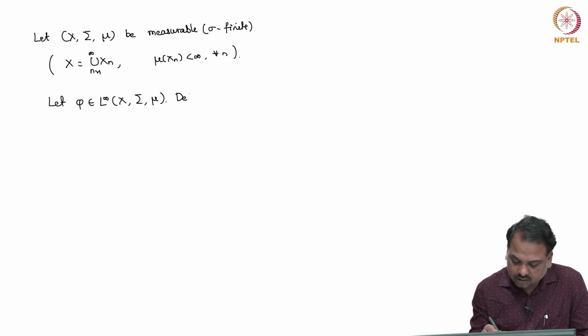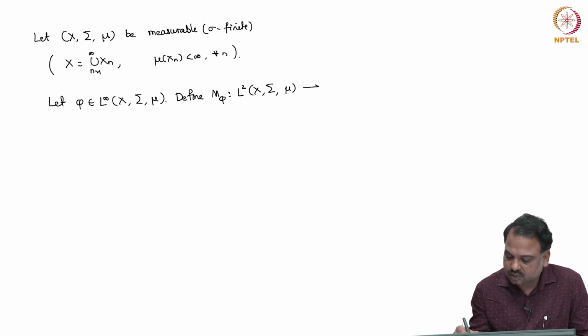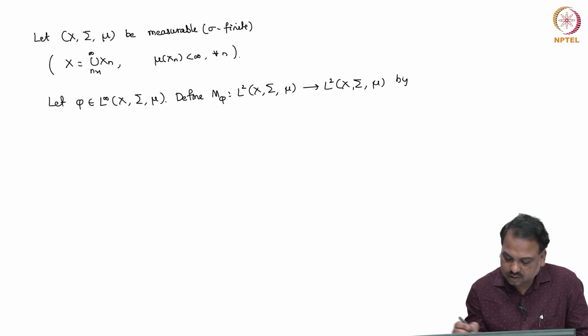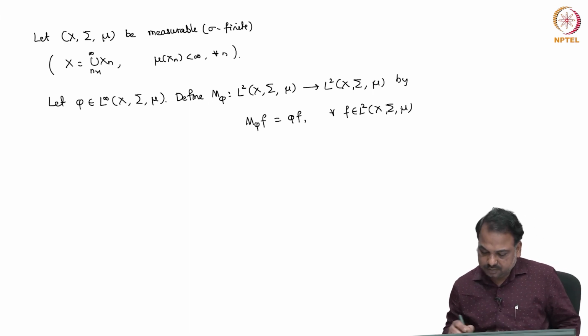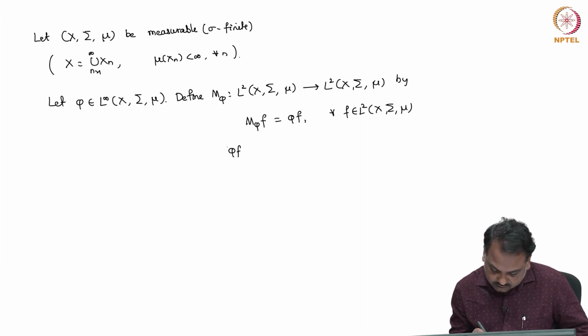So define m phi from L2 of X, sigma, mu into L2 of X, sigma, mu by m phi at f is phi multiplied by f for every f in L2 of X, sigma, mu. So here phi f is a function in L2, so it is nothing but phi of t into f of t for every t in X.